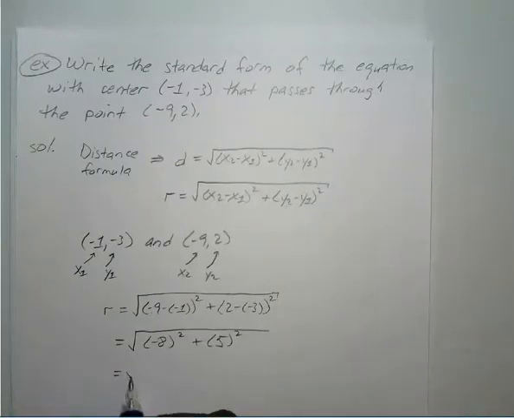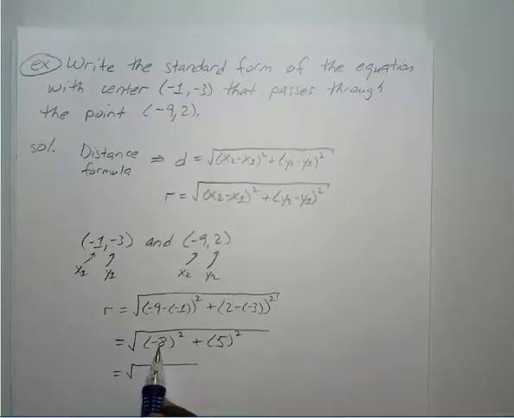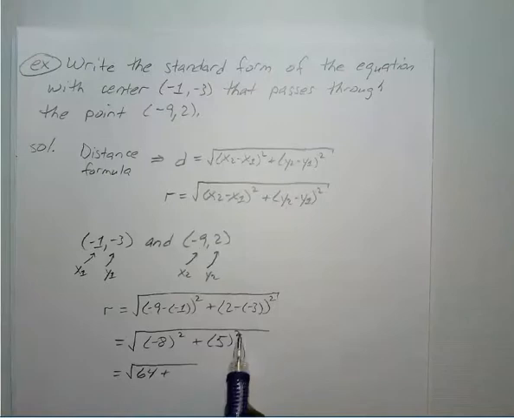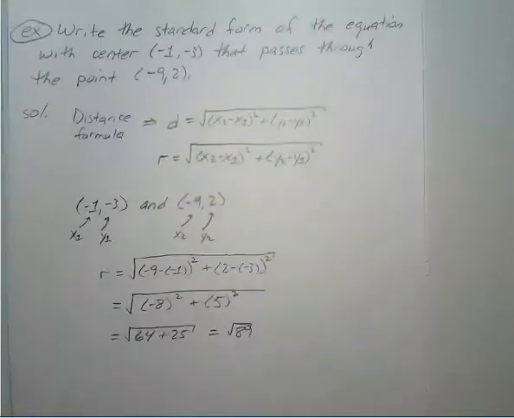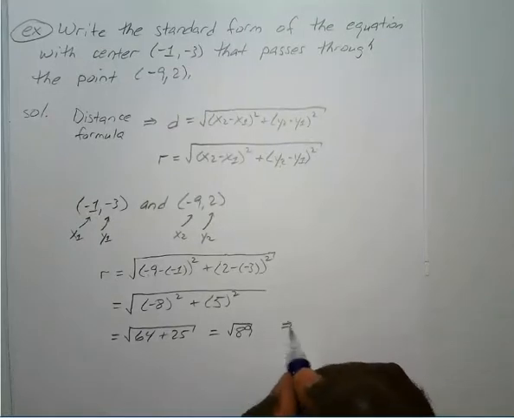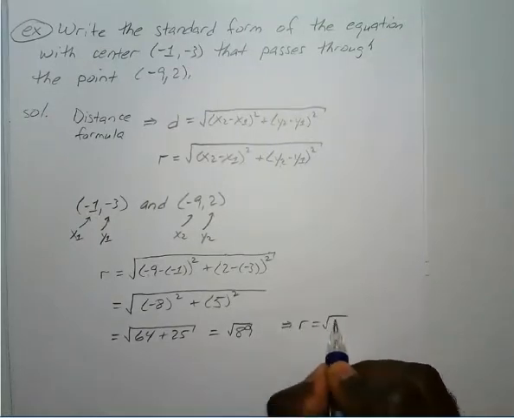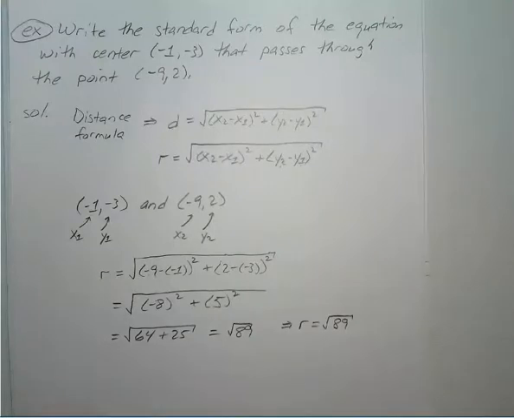Okay, so that's going to equal the square root. -8 squared is 64 plus 5 squared is 25. So that's going to equal the square root of 89. Okay, so we see here that the radius is equal to the square root of 89.